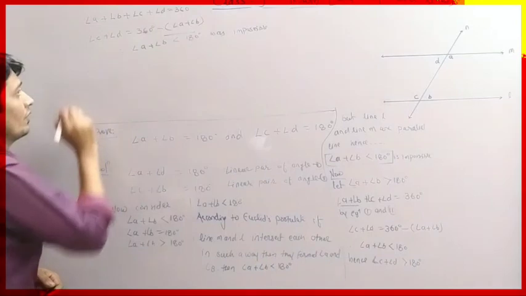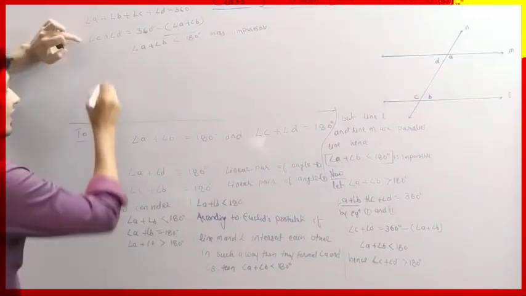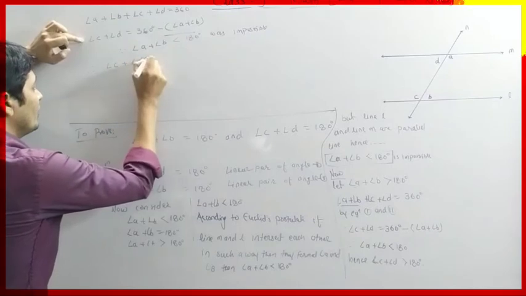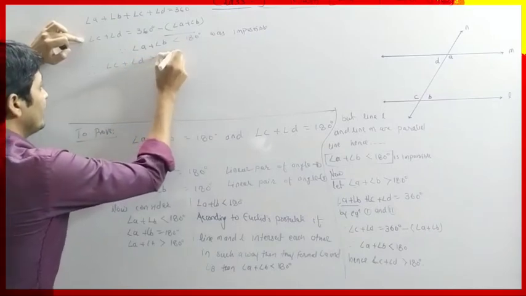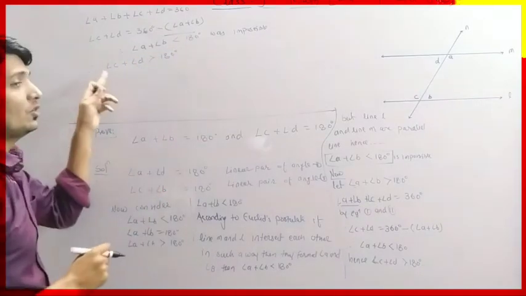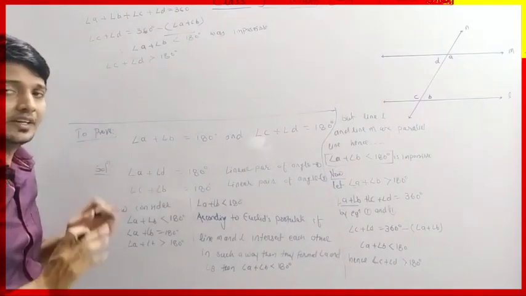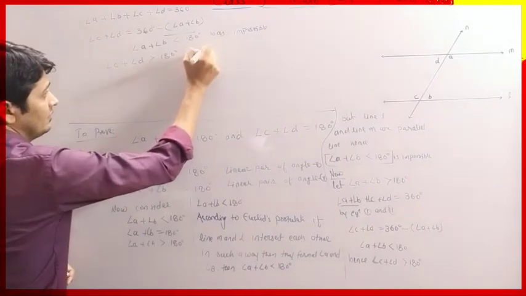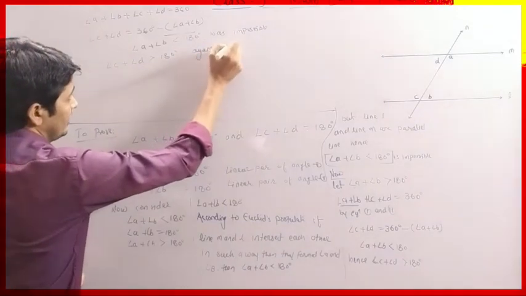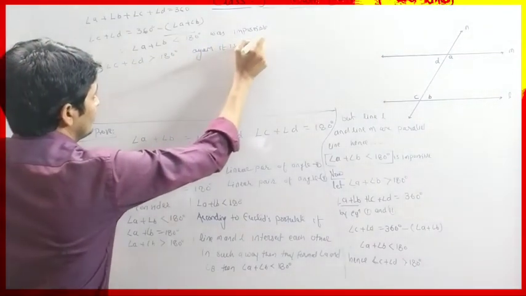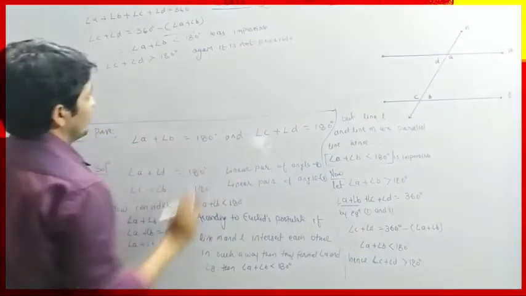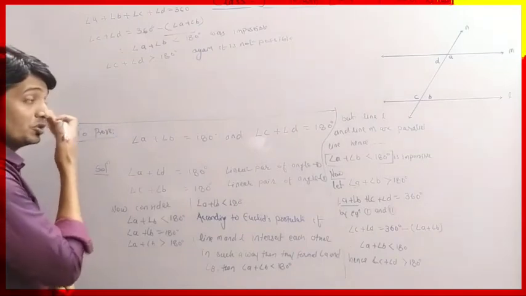Therefore we can say that the sum of angle C plus angle D will be greater than 180 degrees, and it is not possible. Again, it is not possible. Okay, now this will not be possible.